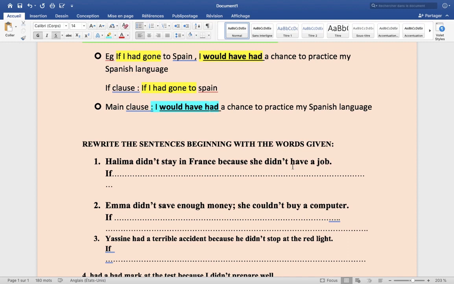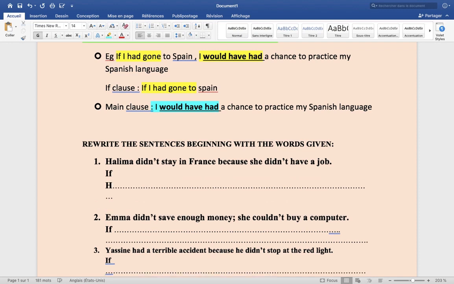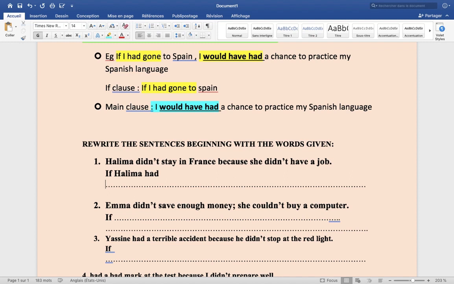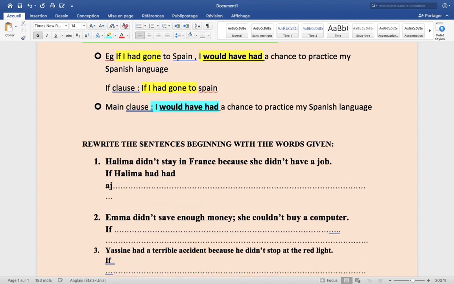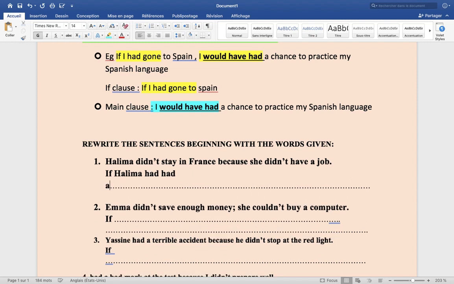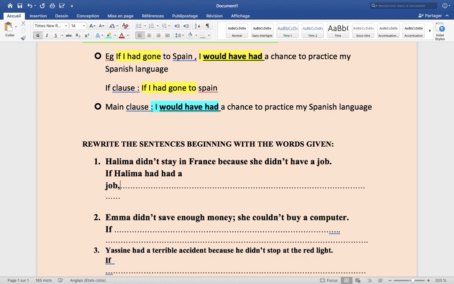Why did she come back to her country? Because she didn't find a job. So we're going to write it with conditional type 3. We have if, subject, which is Halima: if Halima had a job, comma.